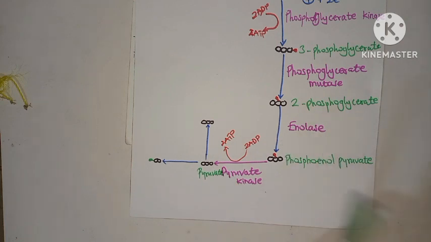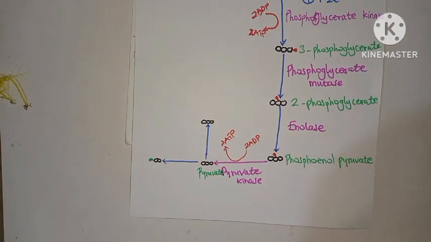So we're now going to have 2 NAD plus, which get oxidized, but the pyruvate gets reduced and converted to a molecule known as lactic acid. This is the lactic acid here.